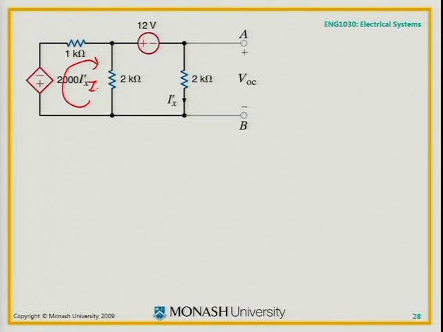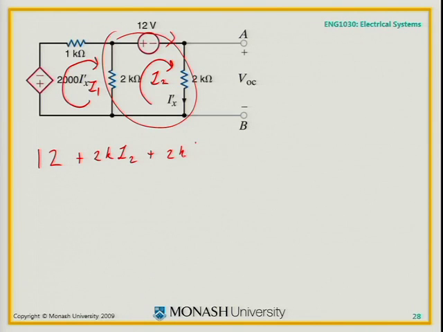I don't really need to put this I1 in anymore, but for completeness, let's do the right mesh. Around this one, in that direction, I can write 12 volt source, plus 2k I2, plus 2k times I2 minus I1, equals 0.